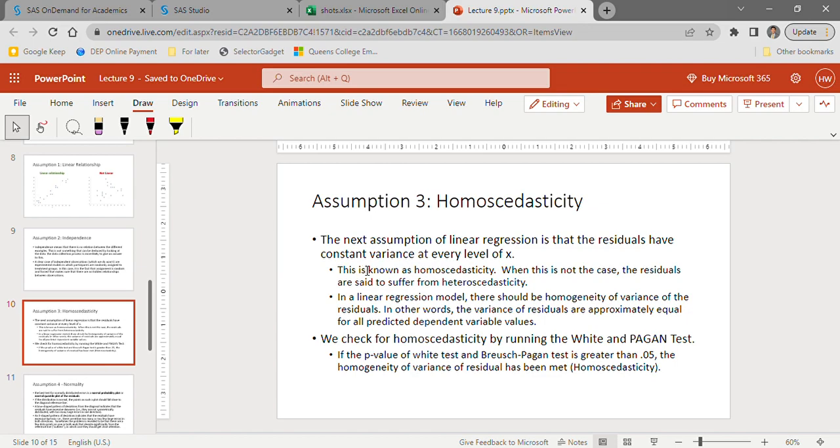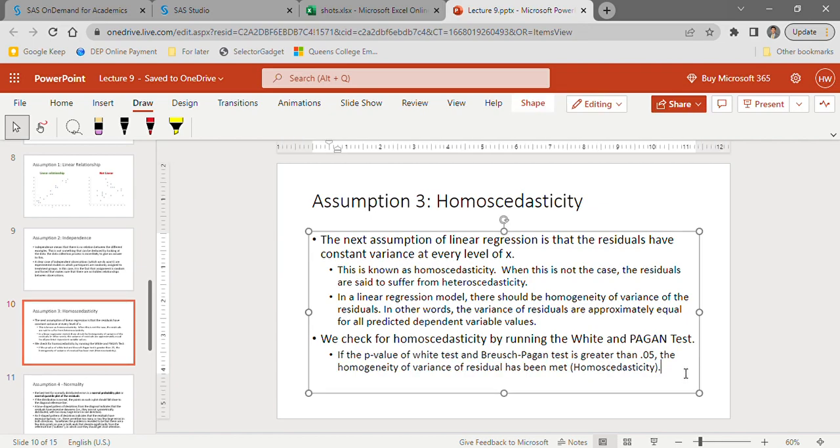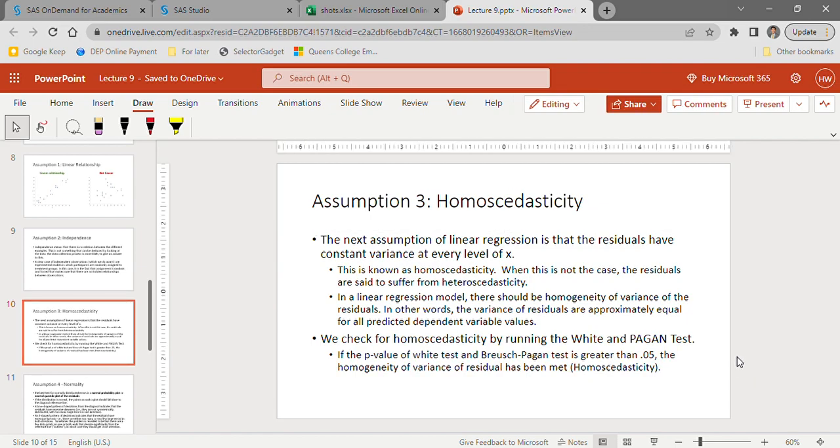But ultimately, what you need to do to check for homoscedasticity is run the White and Pagan test. And you run the test, and you set your null and alternative hypothesis. And ultimately, what you want is to see that there is no difference in your null, and that the p-value is greater than 0.05, right? Then you're good to go. Again, we will go into depth on this one in a future lecture. For this lecture, our assumption is that all of these assumptions are just true.